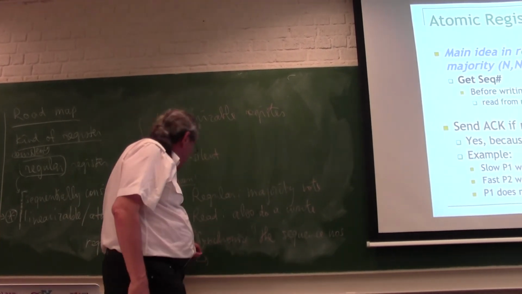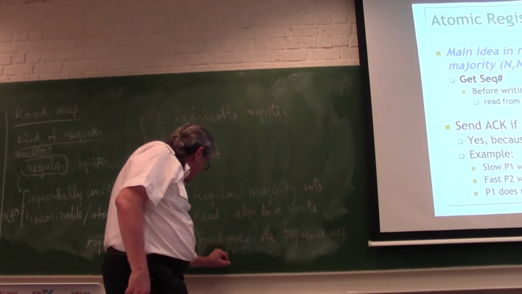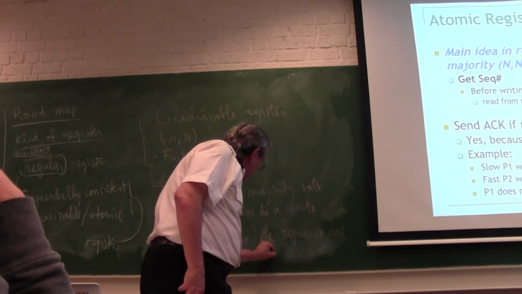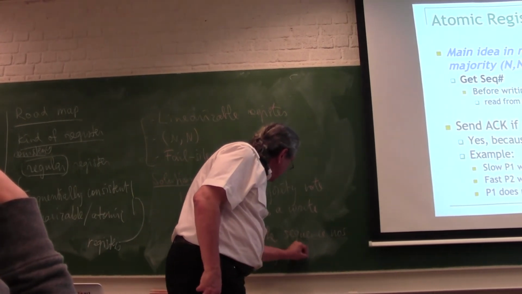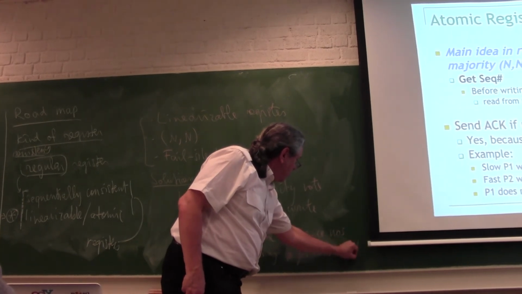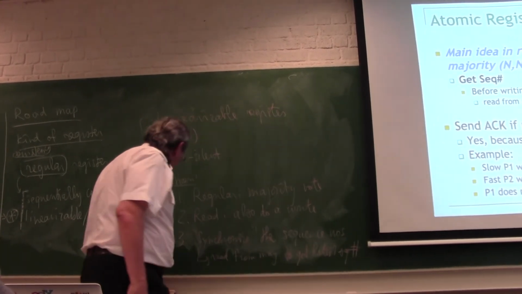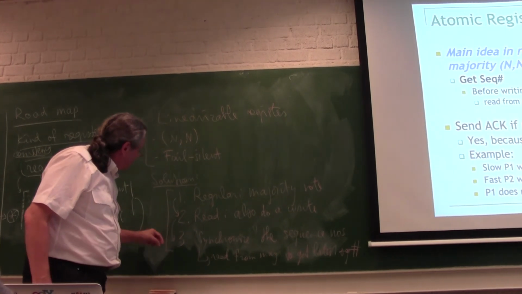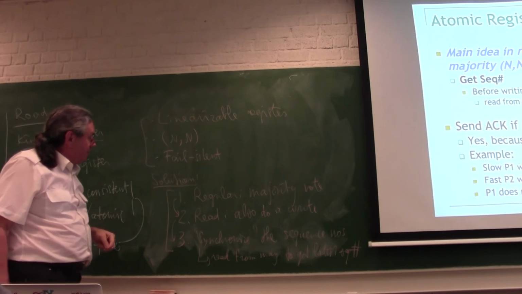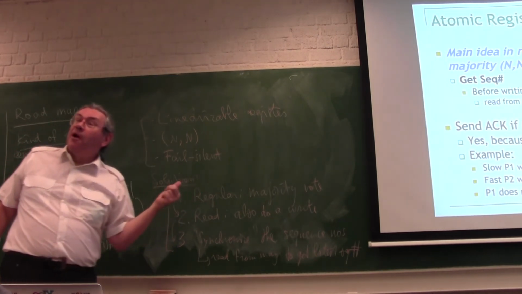So basically I read from a majority to get the latest sequence number. So that's basically the idea. So you have one and you add two things. And that gives us a linearizable and fail-silent register. So you can see this is not so simple, huh?